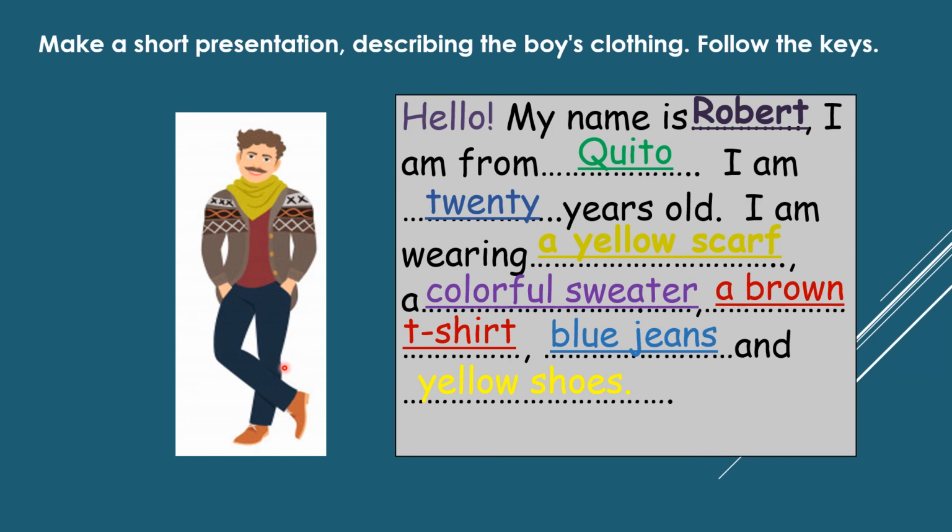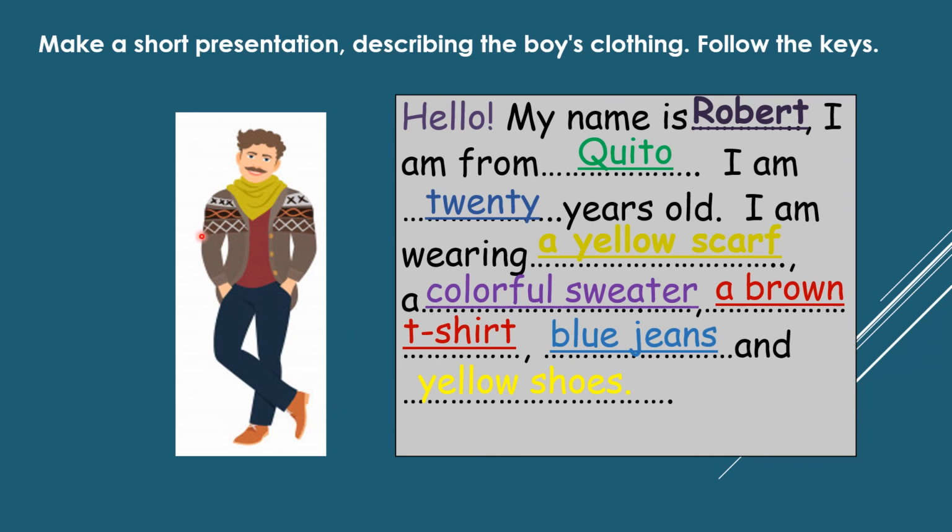Mire, en este ejercicio yo he tratado de dar una presentación muy corta referente al joven que está aquí. Usted debe de poner el nombre, luego de dónde es originario, la edad y describir. Una clave para hacer la descripción sería empezar desde la parte de arriba hasta el final, que es lo más fácil.